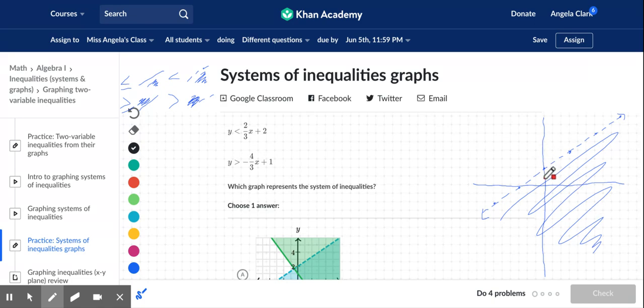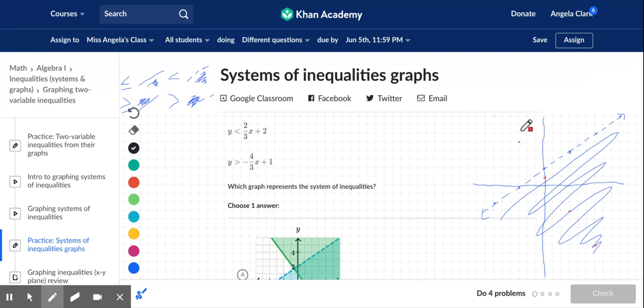And then my slope is down 1, 2, 3, 4, right 1, 2, 3. So down 4, right 3. Okay, and then I'm just going to go the opposite direction. So I'm going to go up 4, left 3. Up 4, left 3.